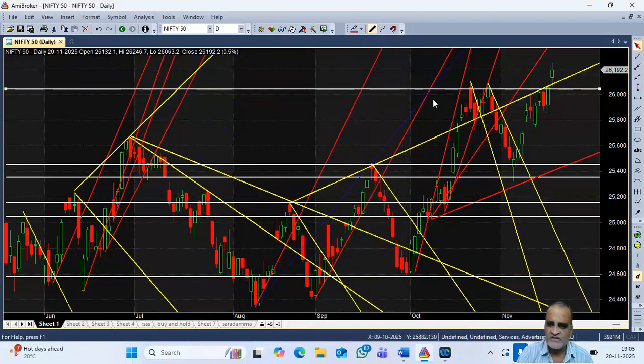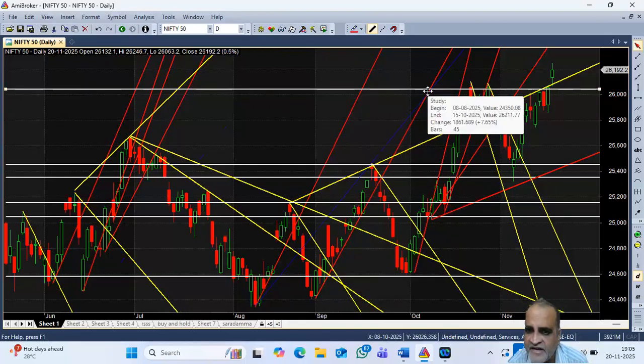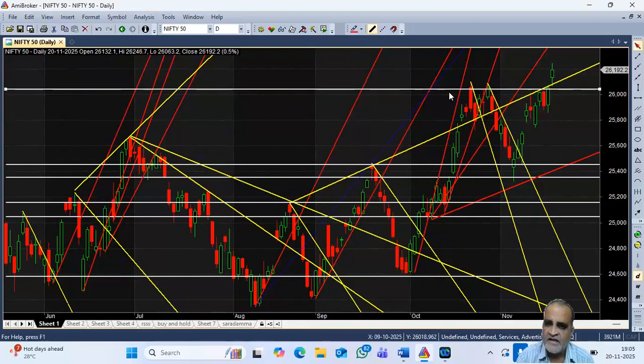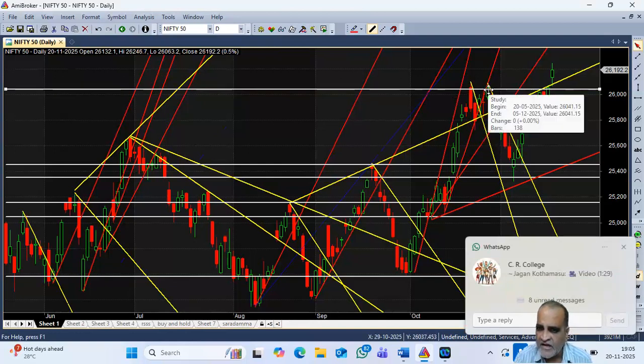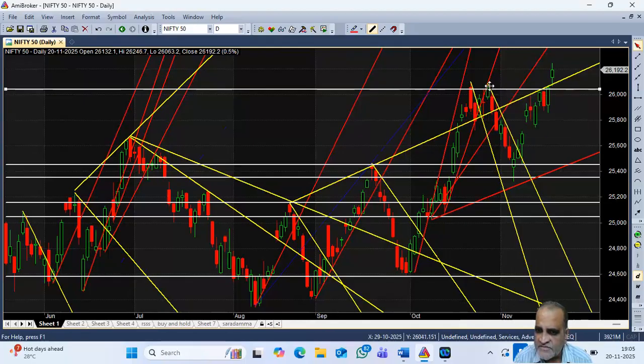Now the intersection took place somewhere on 8/8/25, and it made a double top exactly at 23:10, and again on this date, 29:10, and this level acted as very good resistance at this level.